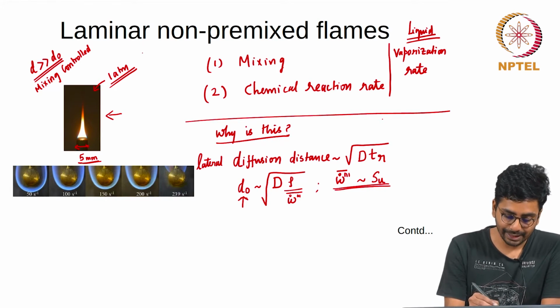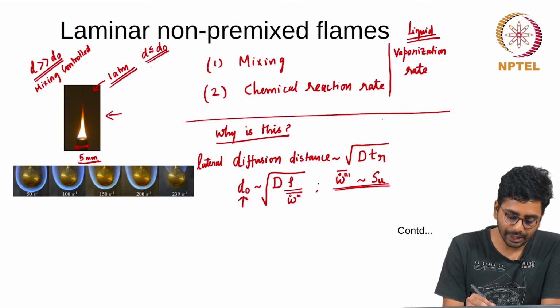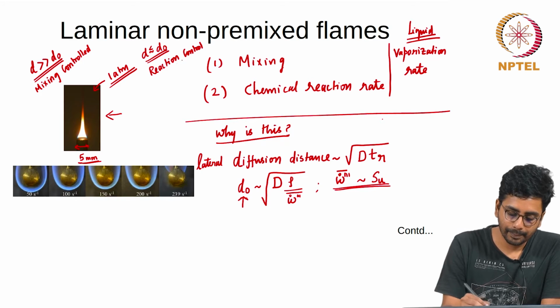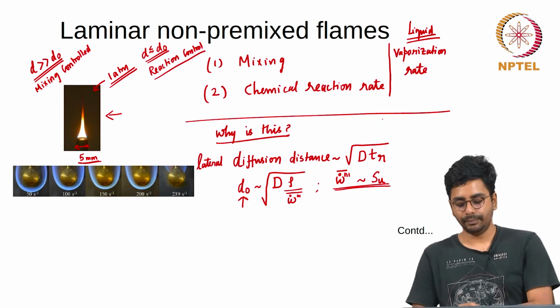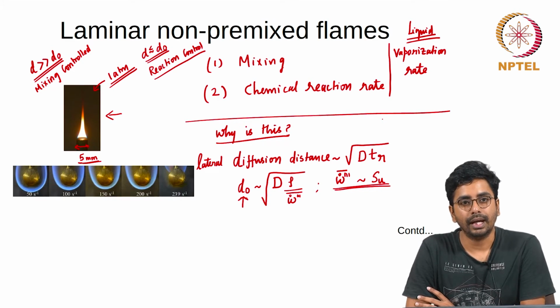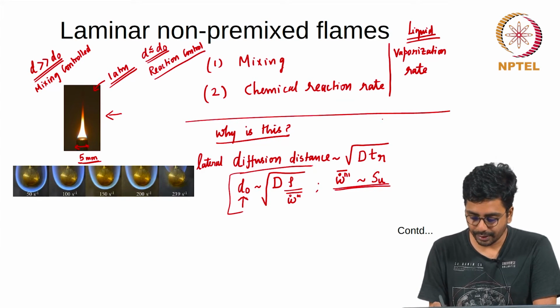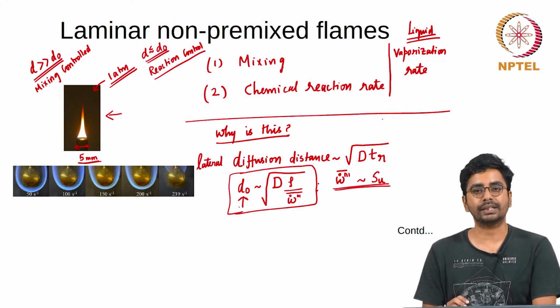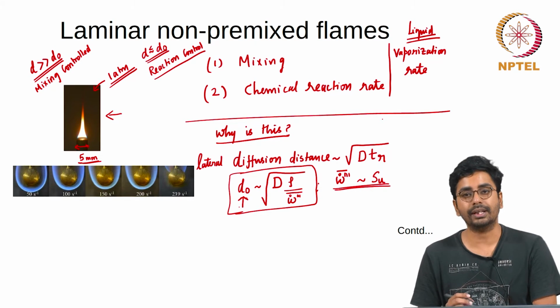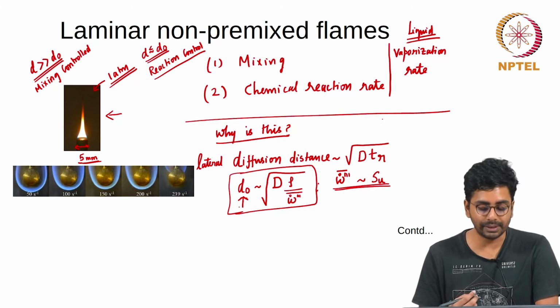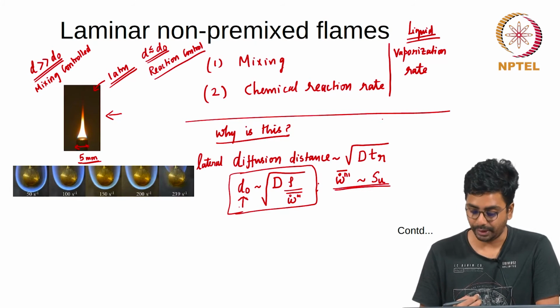On the other hand, if d is comparable to or less than d0, then we have reaction control. With this simple expression, we can figure out, under a given condition, whether a particular non-premixed situation is diffusion controlled or reaction controlled.